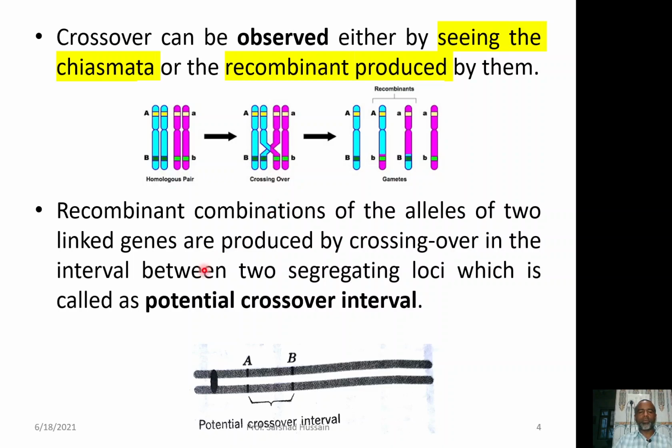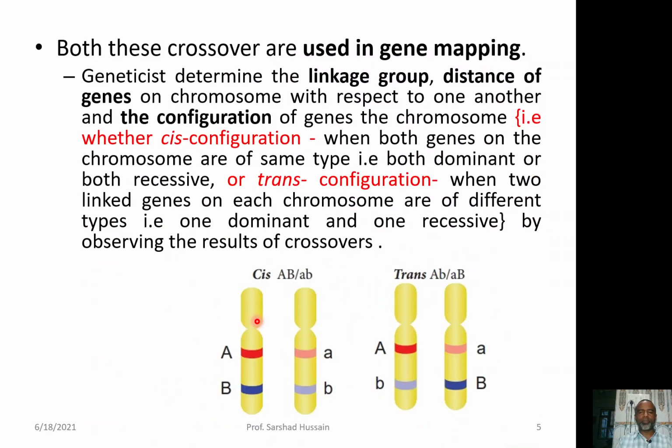So, this interval is called the potential crossover interval. Now, whether you are going through 2-point crossover or 3-point crossover, both the crossovers basically help in the gene mapping. They help the geneticists to determine the linkage group.